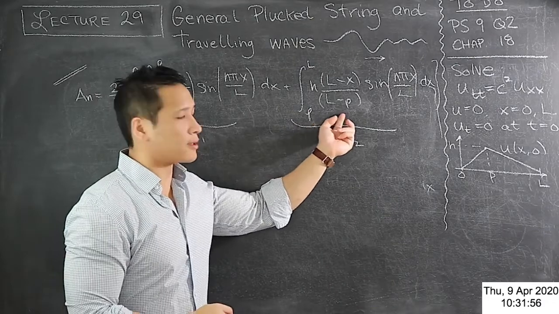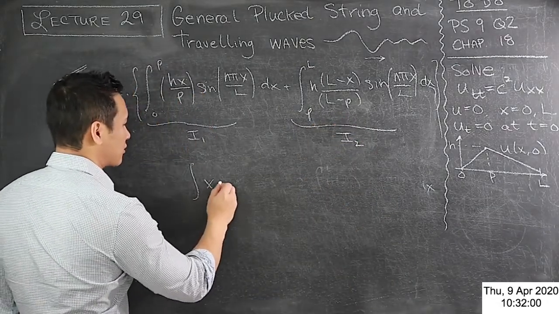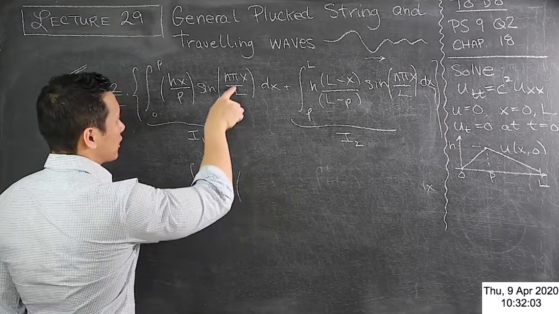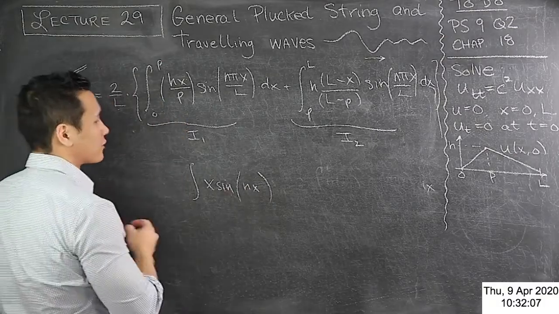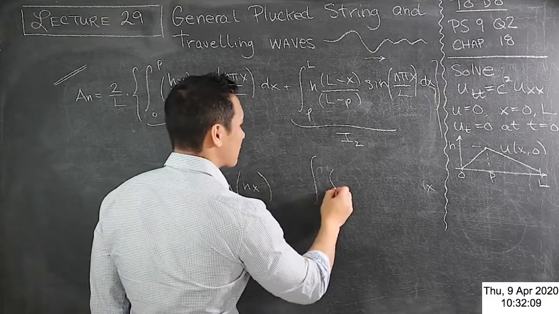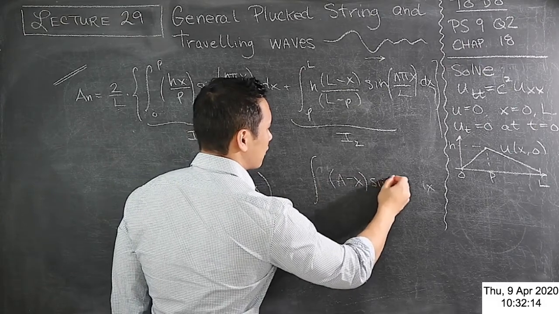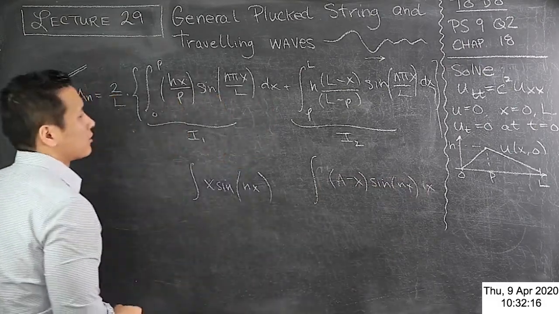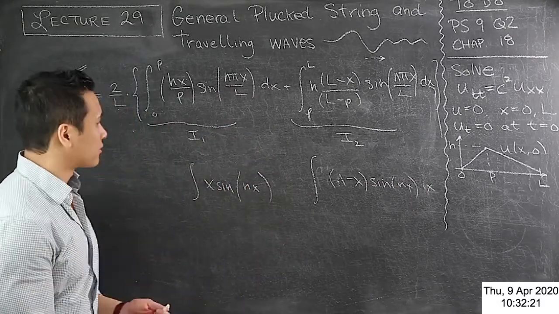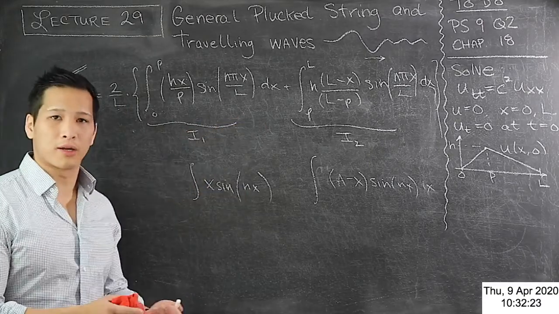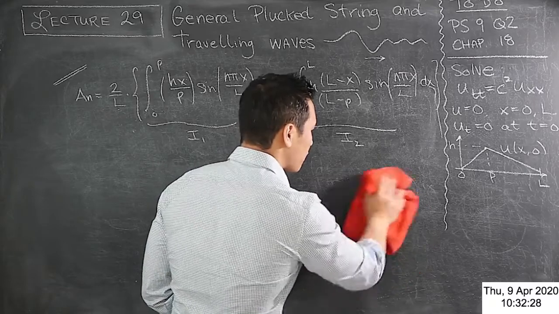The other thing to notice is that for the simple case where L is equal to pi, this is just something like x times sine x for the first one, and then the second one is something like a minus x times sine of nx. Okay, so even though it looks nasty, it's not so bad, because once you eliminate all the unnecessary factors, these are functions that you've already integrated in the past.